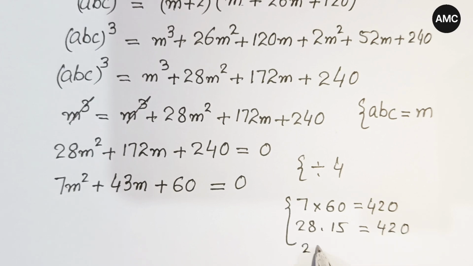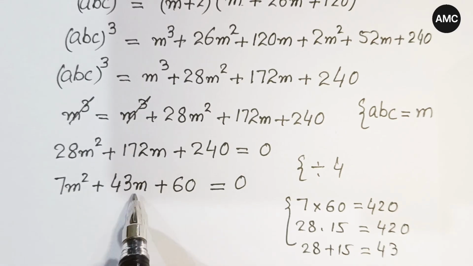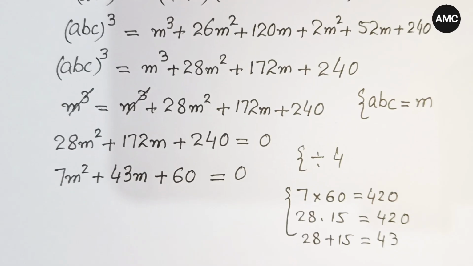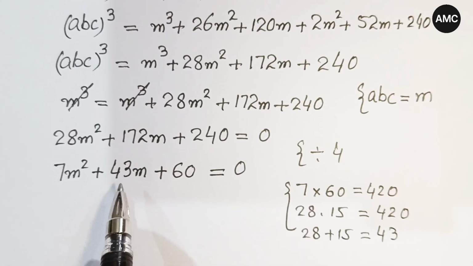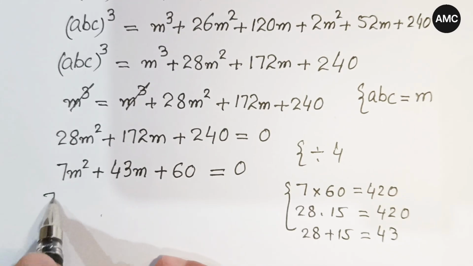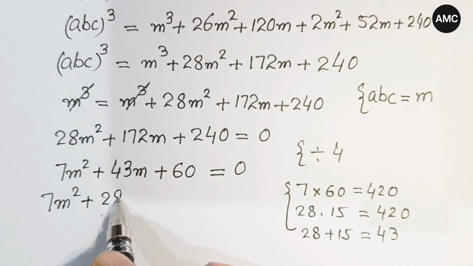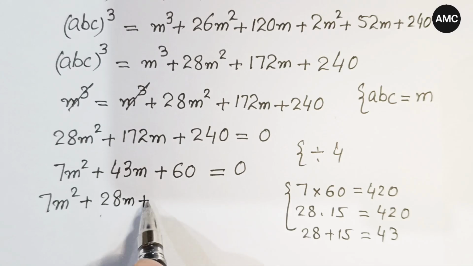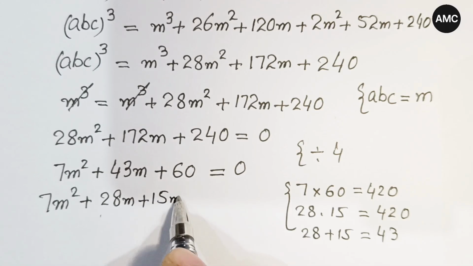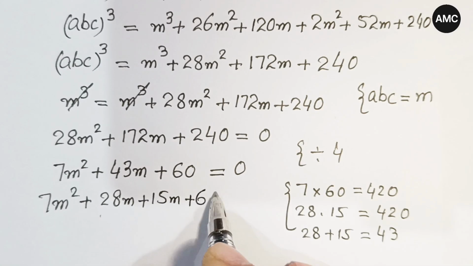If we add 28 plus 15, it is equal to 43, which is the coefficient of 43m. It is our middle term here. So splitting 43m, we get 7m squared plus 28m plus 15m plus 60 is equal to 0.